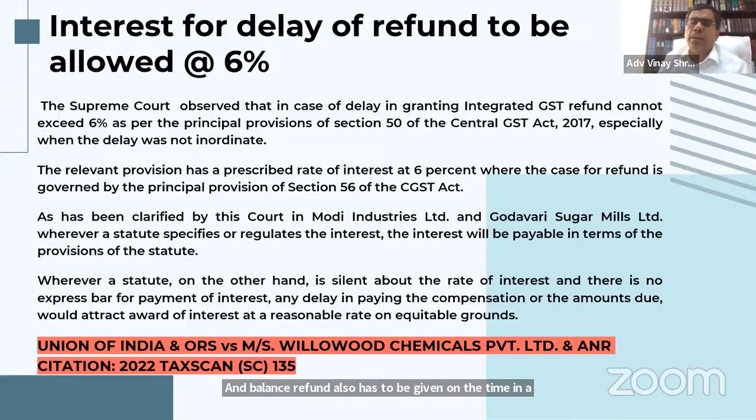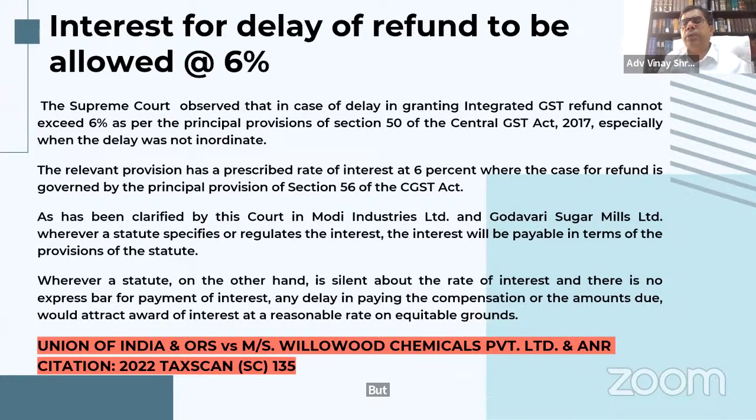But unfortunately, I have not come across any case where the provisional refund of 90% is given, and otherwise also the timeline prescribed in the law is not adhered to. Unfortunately, even the interest prescribed under section 56, which is 6%, is also not granted.